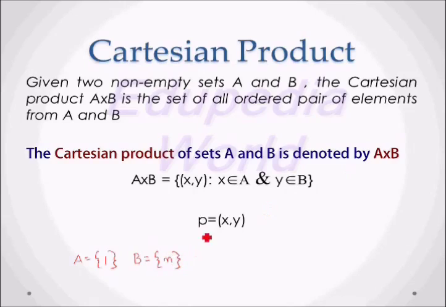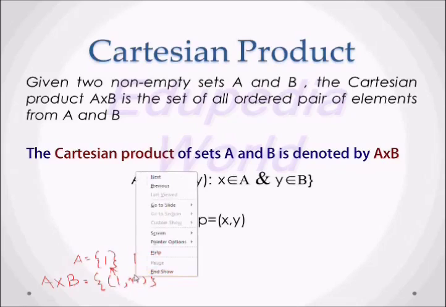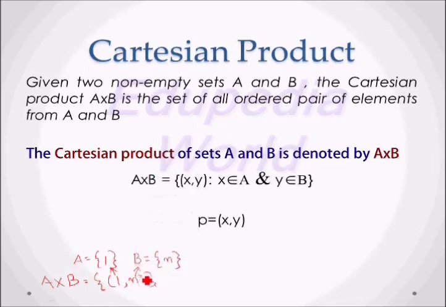So A cross B equals the set of all (1, n) in ordered pair notation. So the first component, that is this 1, is from set A, and the second component is from set B.